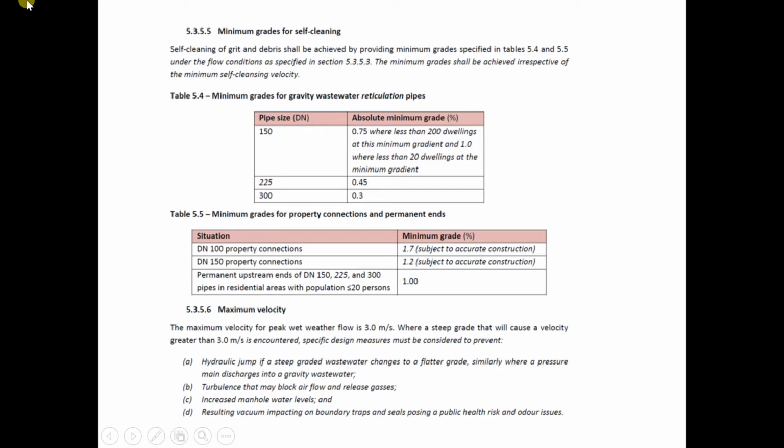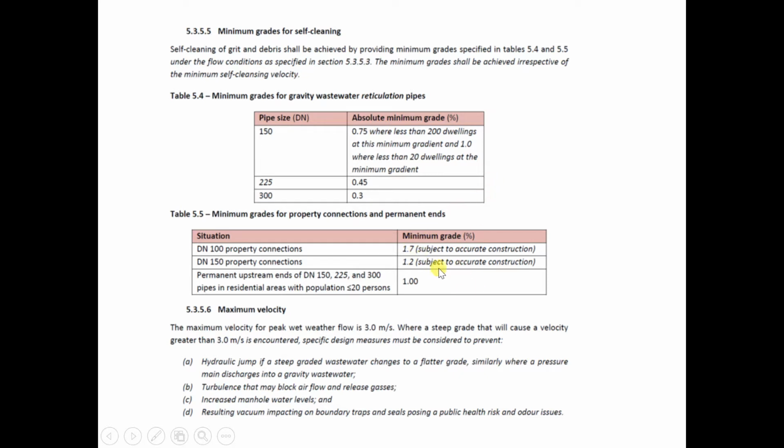Actually, if we divide the top and bottom by 1.2, the gradient will be 1 in 83.33. So 1 vertical, 83.33 horizontal. So that's a slope. So 1 in 83.33 is equivalent to 1.2%.